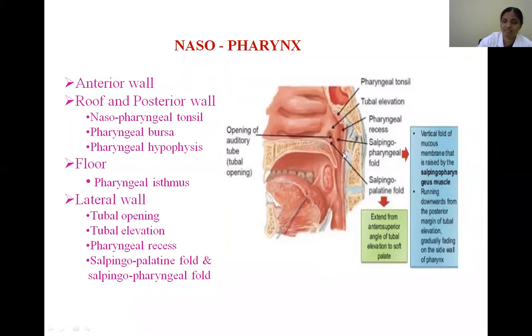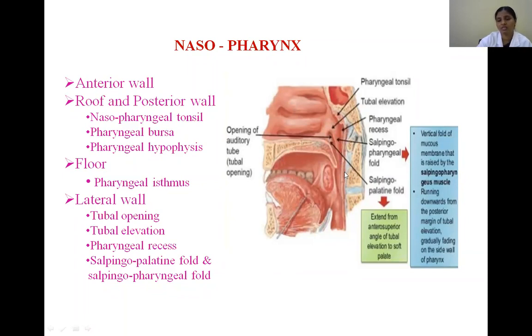What is that? Passavant ridge. Now what is the Passavant ridge? Some of the fibers of the palatopharyngeus encircle the pharyngeal wall. By the contraction of these muscles, mucosa is elevated into the pharynx, which forms the Passavant ridge here.